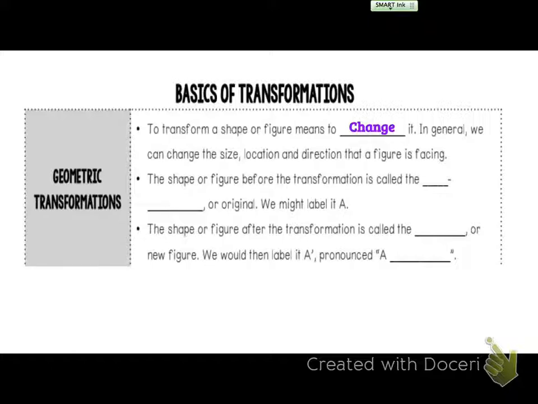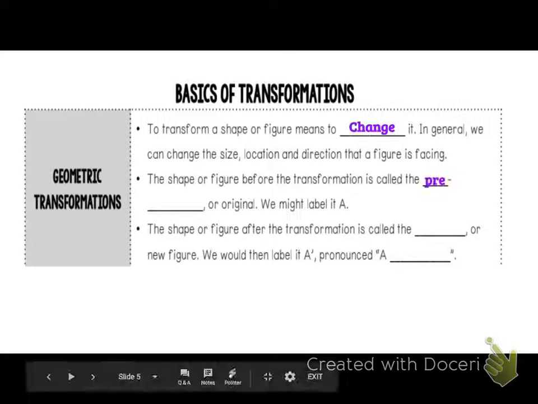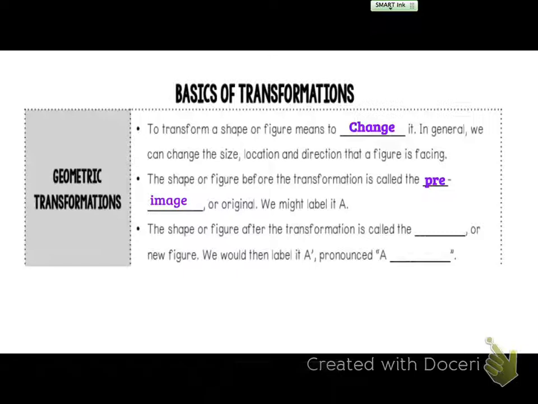The shape of the figure before the transformation is called the pre-image, or original. You're going to hear us talk about it as the pre-image. Pre means before. We might label that pre-image as A. The shape or figure after the transformation is called an image or a new figure.